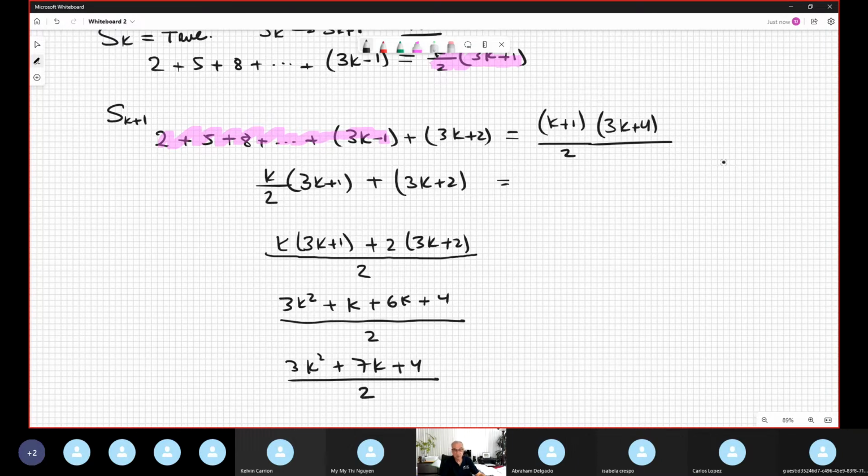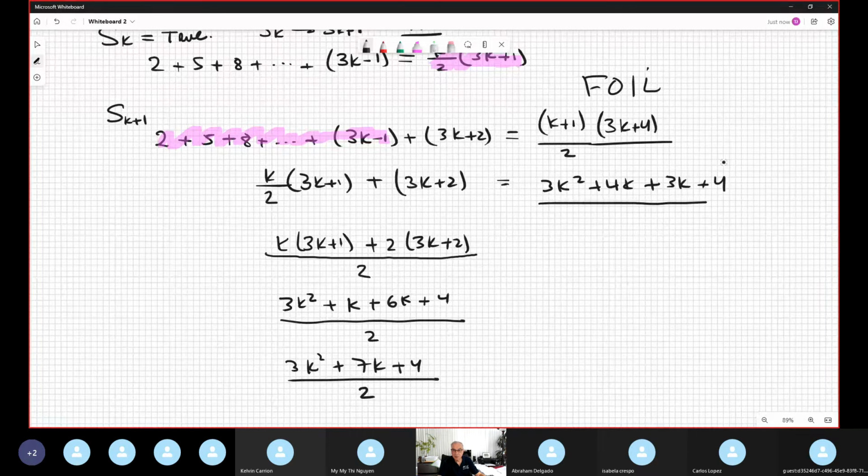And I stop here. So I come back here. I propose you FOIL. This is you apply your algebra. There are no rules. You apply your algebra, you know, from middle school. You FOIL. So when you FOIL, it is 3k squared plus 4k plus 3k plus 4 divided by 2.